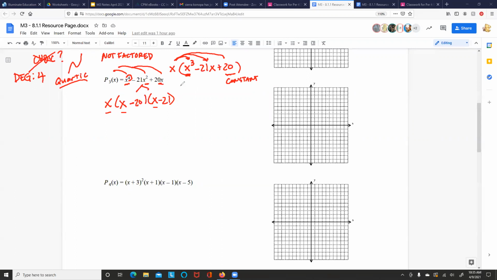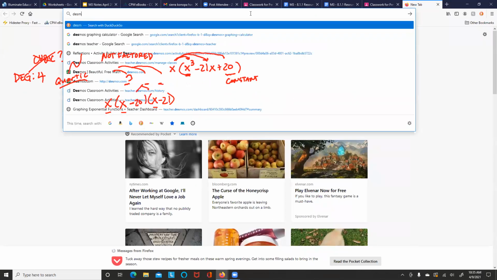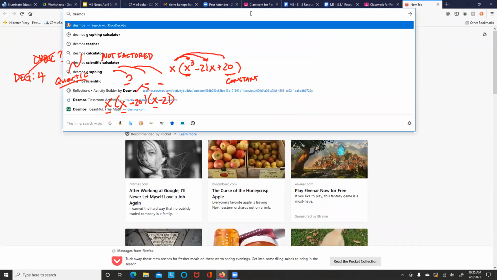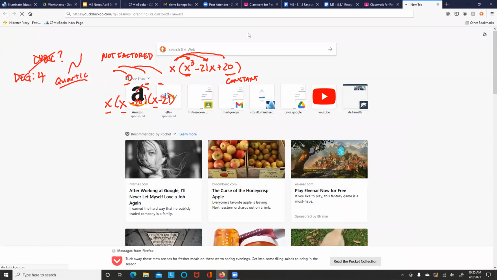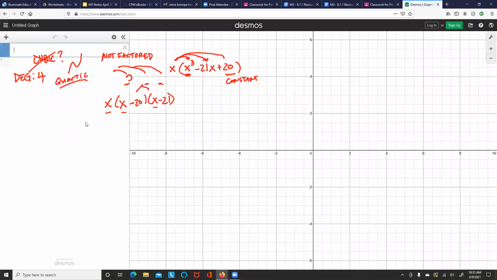You know what, let me go to Desmos really quickly and see x to the 4th minus 21x plus 20x and see what we get here. Let's go to Desmos. Desmos graphing calculator.